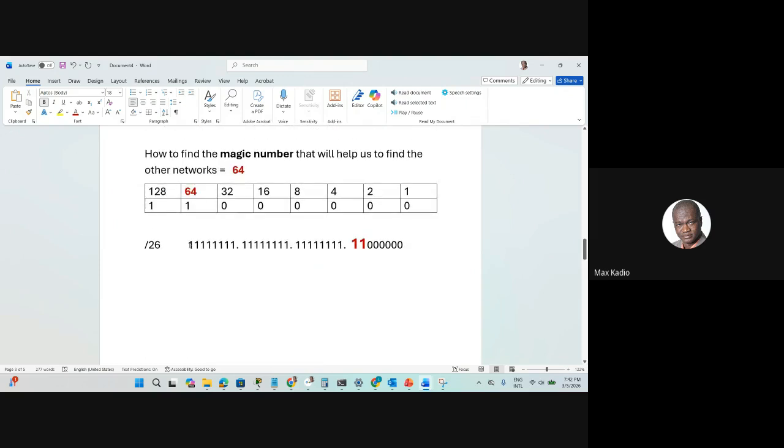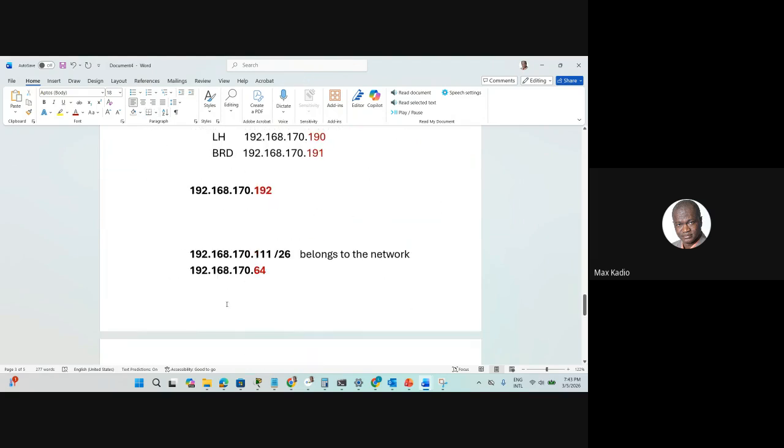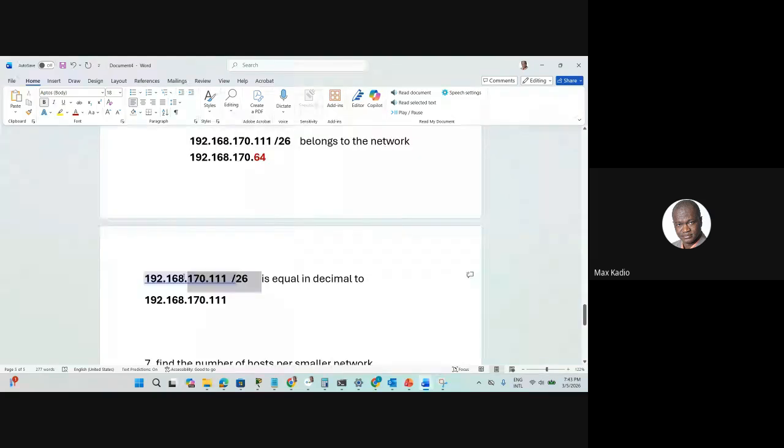If you convert all ones in decimal, it will be 255, 255. And here, because I took 1 and 1, it means I took this and this. It will be 192. Remember the conversion that we did? You can also say it like that in decimal.